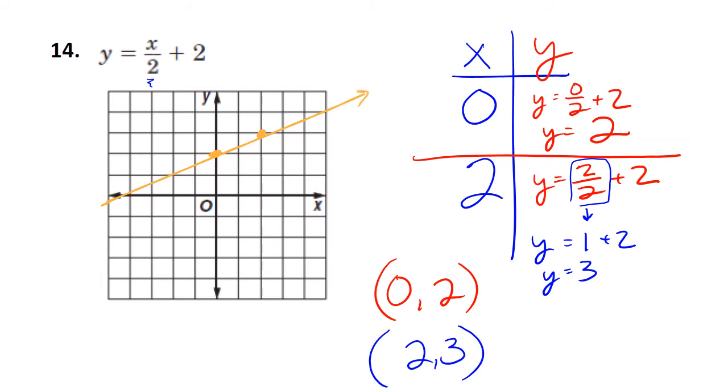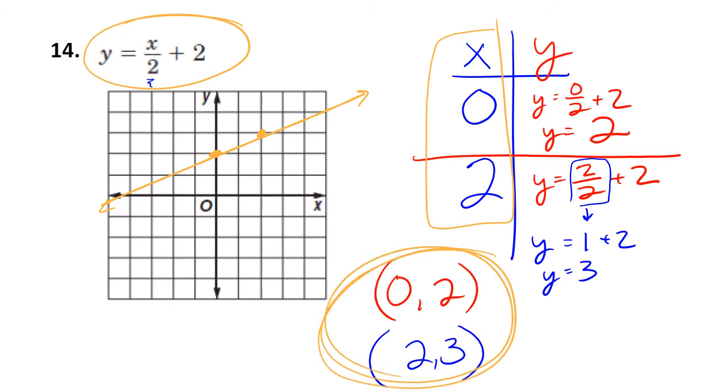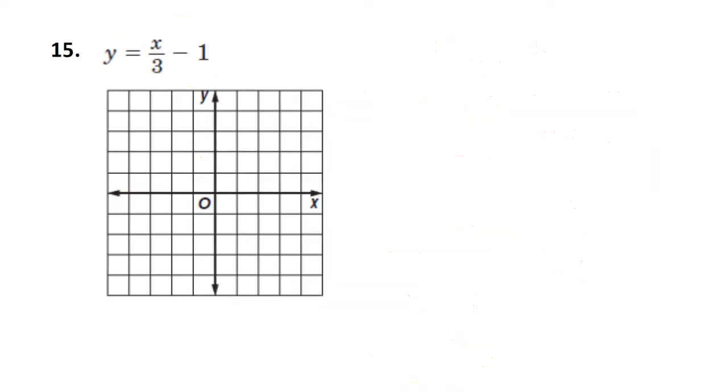Put arrows on the end, signifying it's going both directions, forever and ever and ever. So now I've successfully graphed this function: I chose two x values, found the corresponding y values, I have 2 sets of ordered pairs, and then I graph it. So a couple steps you have to do for this one.